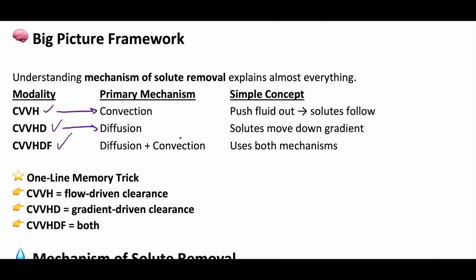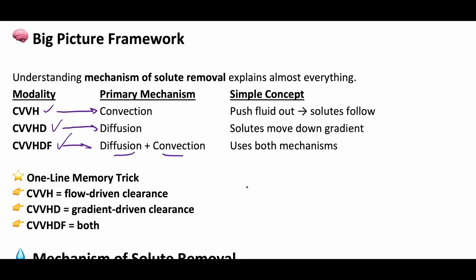That's where the blood runs countercurrent to a dialysate, and the high concentration of solutes in the blood diffuse into the low concentration of solutes in the dialysate, and then you discard that dialysate. And then CVVHDF is a combination of those two. It uses both diffusion and convection. All right, so the simple concepts here are convection and diffusion, and that is how solute is removed, and that determines a lot when it comes to these CRRT modalities.